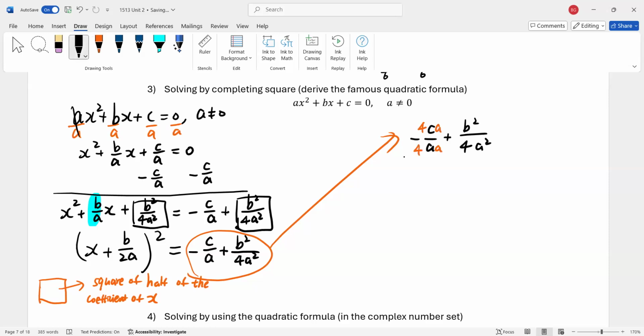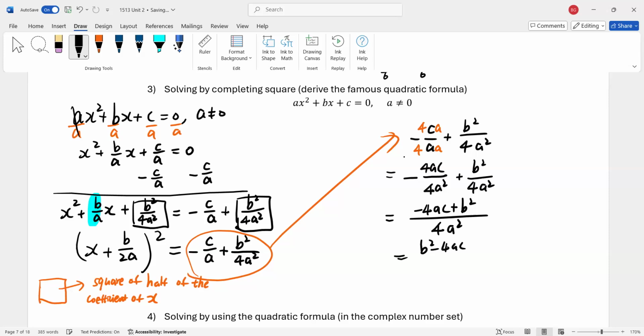Then the first fraction, numerator is negative, by the way. Numerator is negative 4ac. Denominator is 4a squared. And then plus b squared over 4a squared. Now they have the same denominators. We can keep the denominator, 4a squared, and combine the top: negative 4ac plus b squared, or b squared minus 4ac, all over 4a squared. To the right side, I need more space.